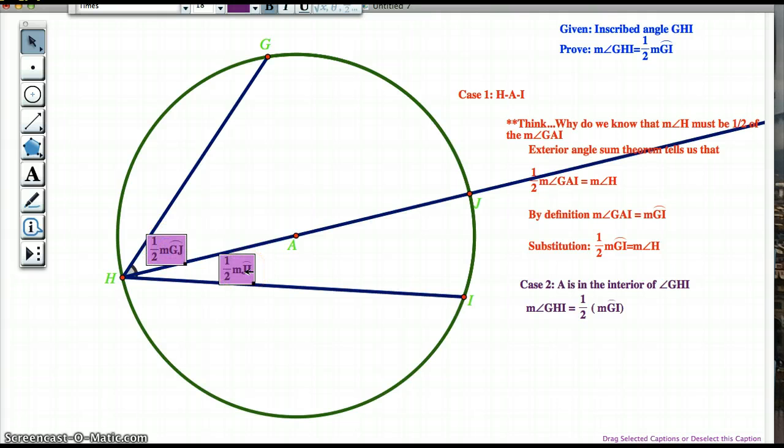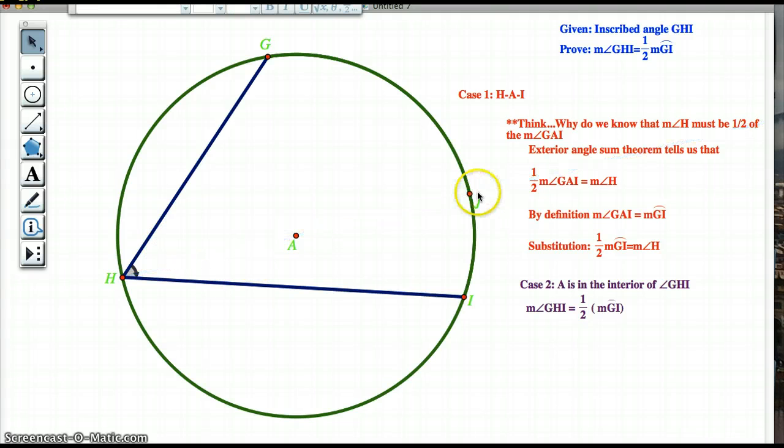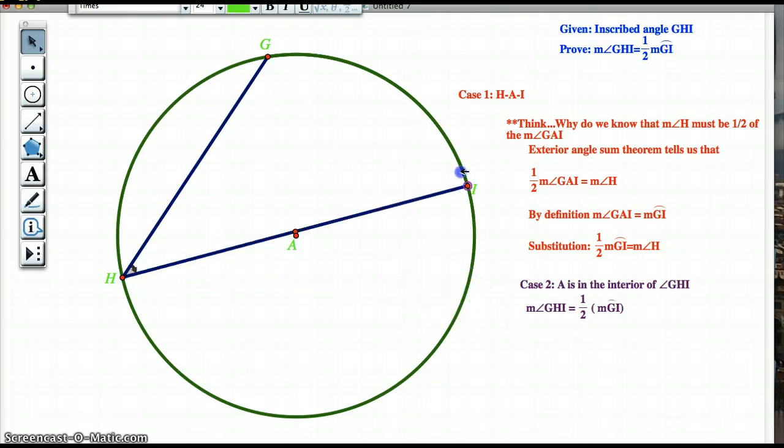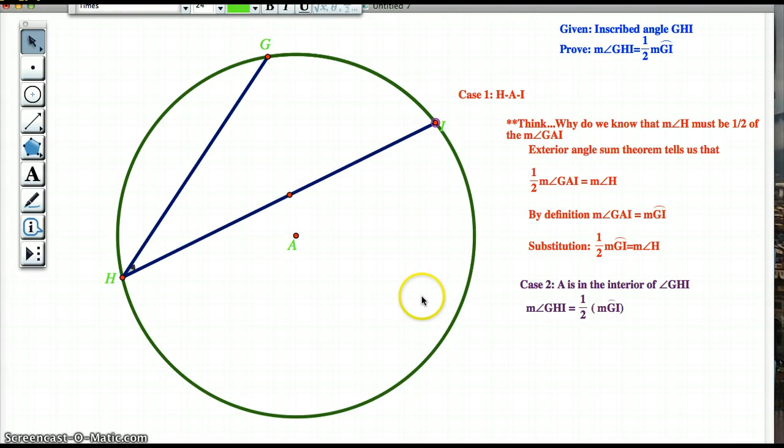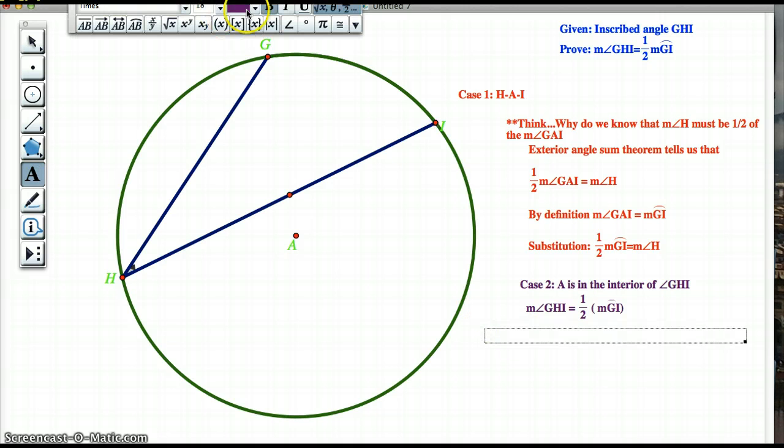So let's see here. So now we're going to look at an inscribed angle that looks like this for our third case.